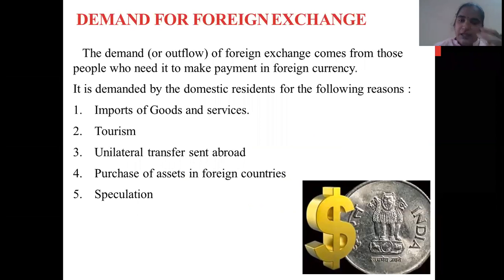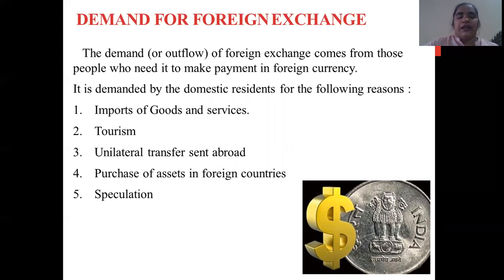So demand of currency is the outflow of foreign exchange which comes from those people who need it to make foreign payments. So the demand for foreign exchange may be because the domestic businessmen or traders want to pay their import bills on goods and services, or individuals, tourists from a country want to move and tour around the world.